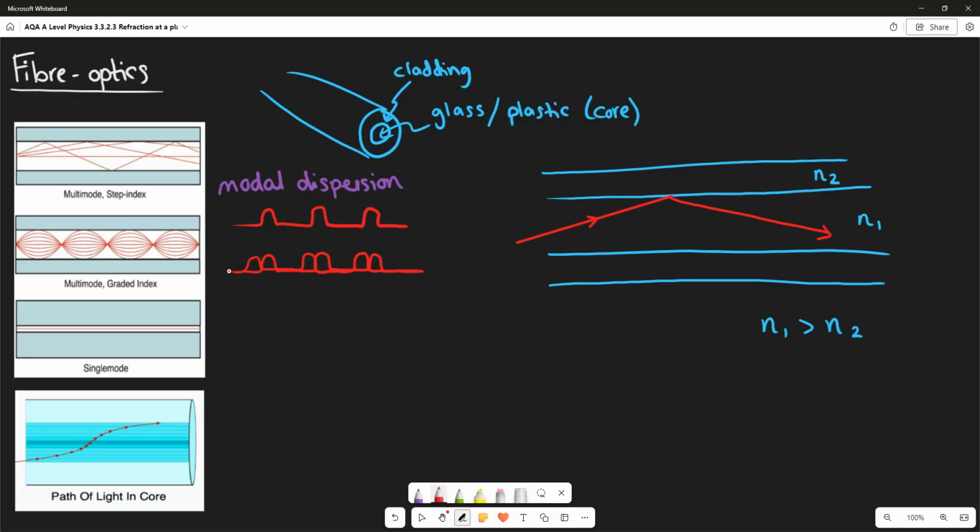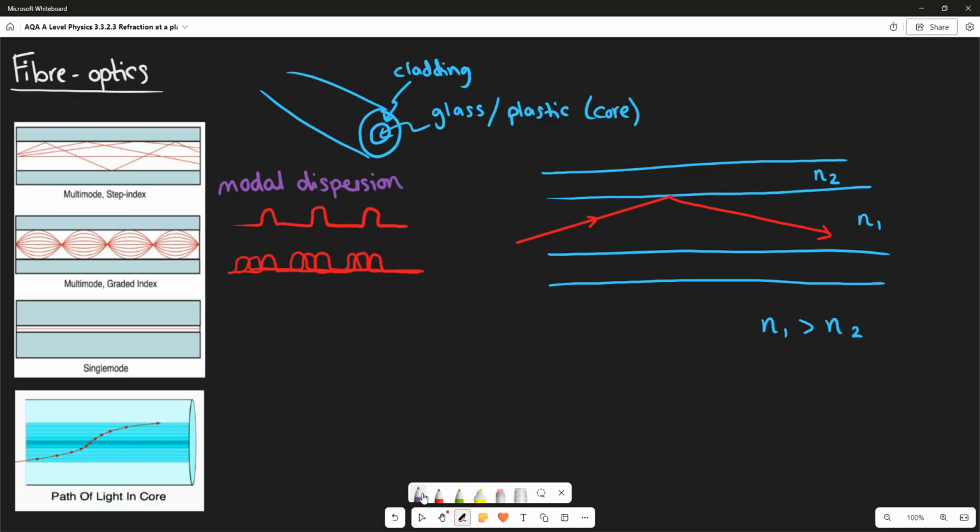And then finally, you're getting those pulses that are traveling the longest distance and are arriving last. And this concept is called pulse broadening. And that's because we started off with quite narrow pulses, and now all of a sudden they're much wider, caused by the delay in arrival times. So modal dispersion leads to pulse broadening.